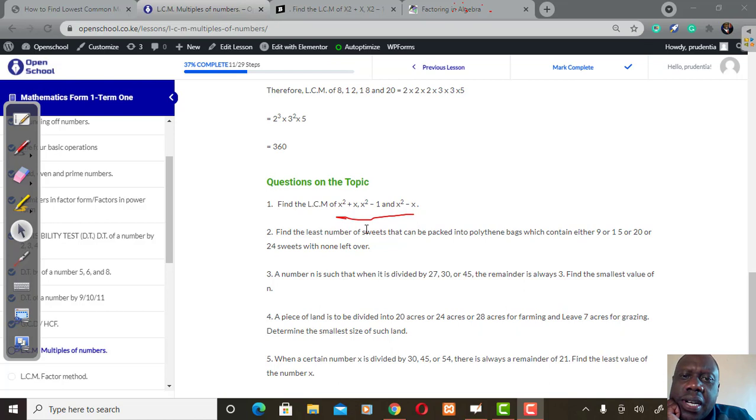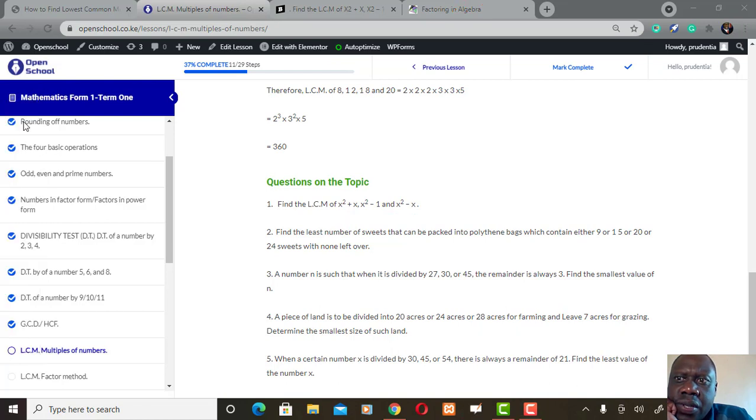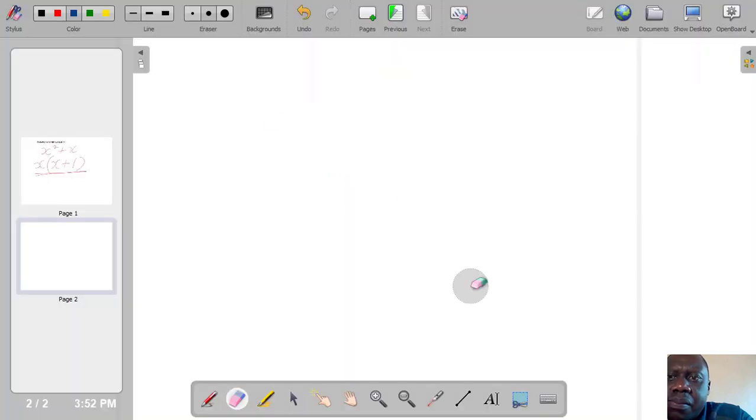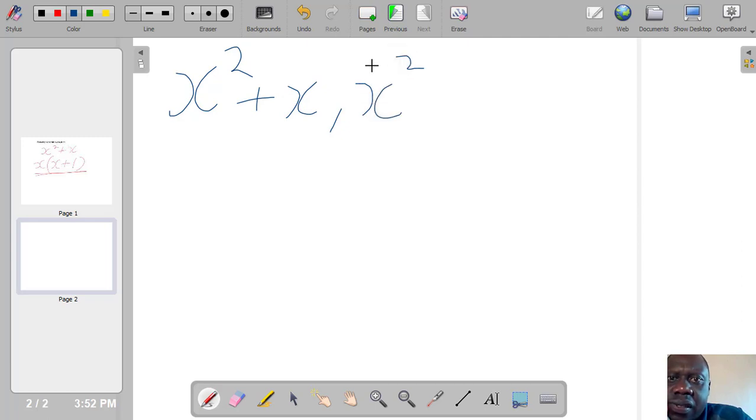So let's go back and try to find the answer to our expression here. Now we're trying to find the LCM of the sum x squared plus x, x squared minus x, and x squared minus 1.